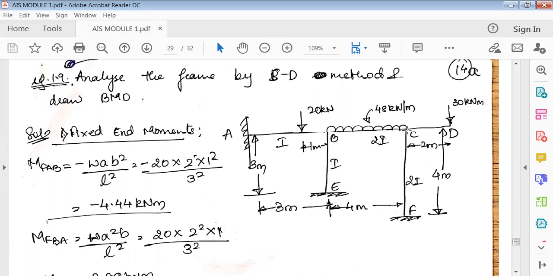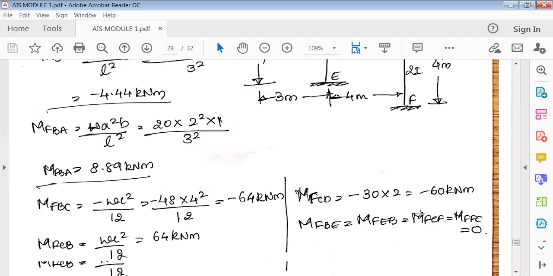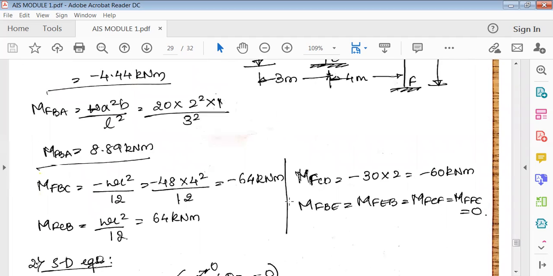So MFCD is equal to minus force into its perpendicular distance, because joint D is an overhang, so there is no support at D. It is only force into perpendicular distance, so 30 into 2. At C, because it is the left joint start point, it is minus 30 into 2. Then MFCF is equal to MFFC, which is equal to 0, as there are no loads acting there.